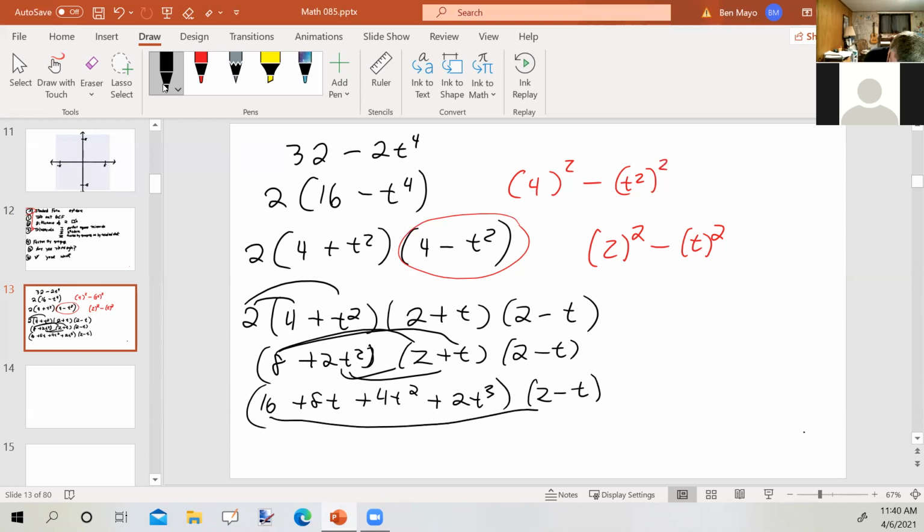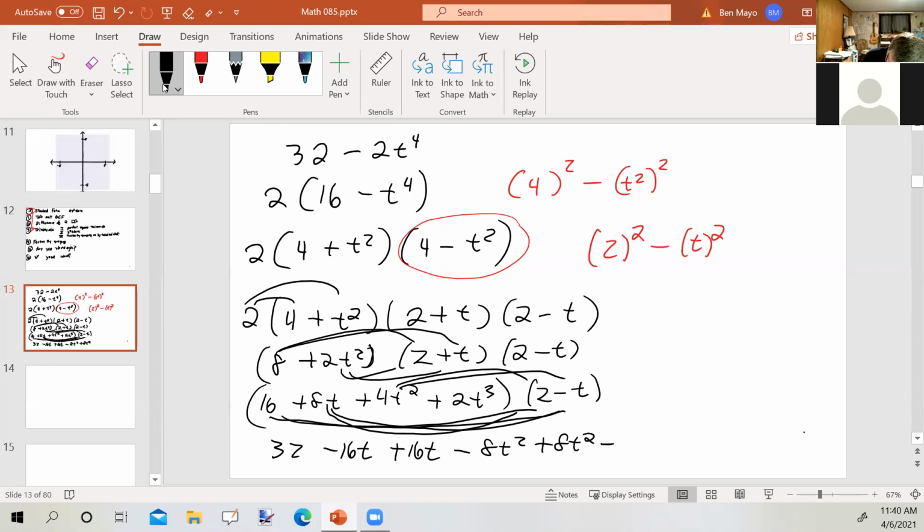And this would be 32 minus 16t plus 16t minus 8t squared plus 8t squared minus 4t cubed plus 4t cubed minus 2t to the fourth.